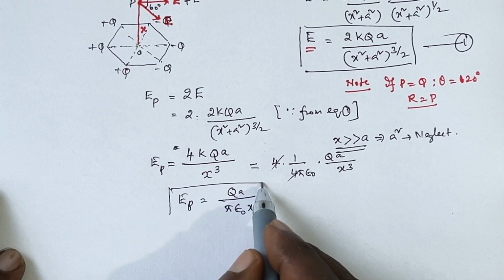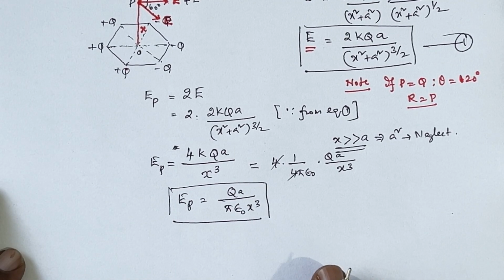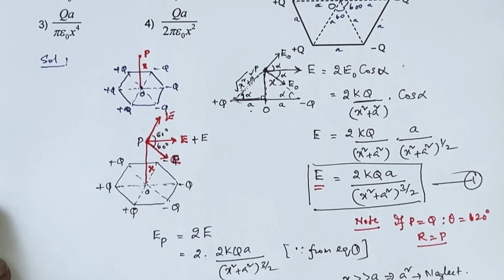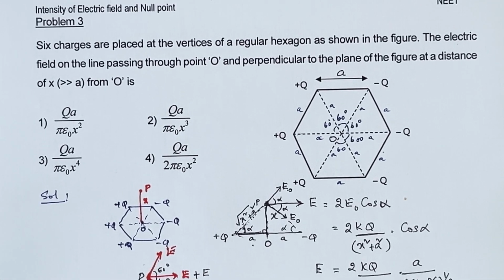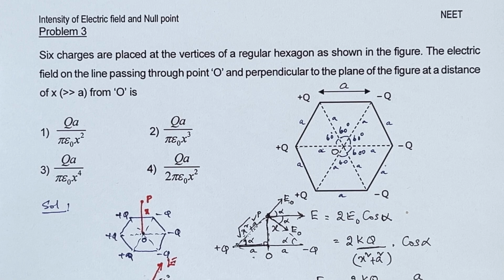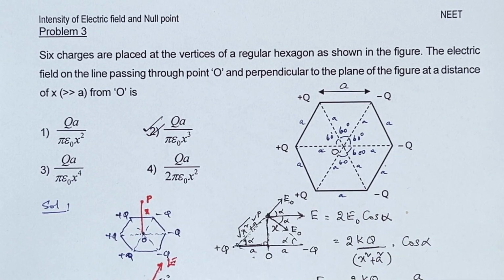So this is the resultant electric field perpendicular to the plane of the regular hexagon. So let us check which option is correct. q a by pi epsilon naught x cube. So the second option is the correct option.